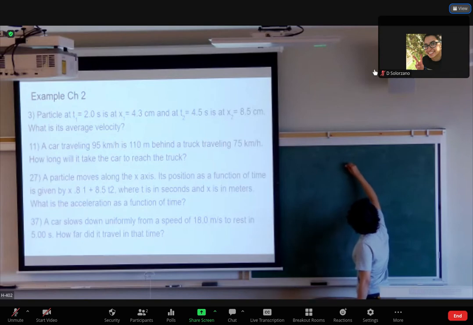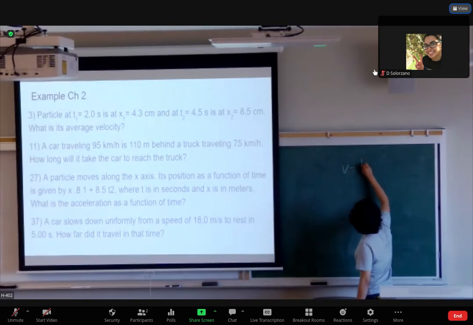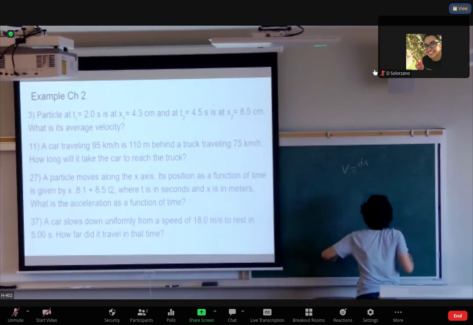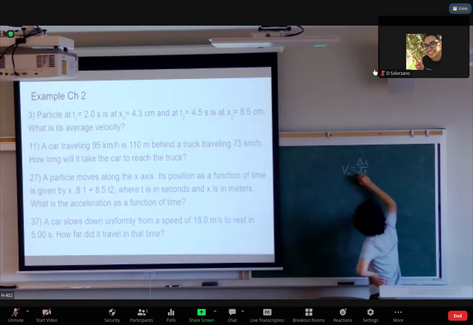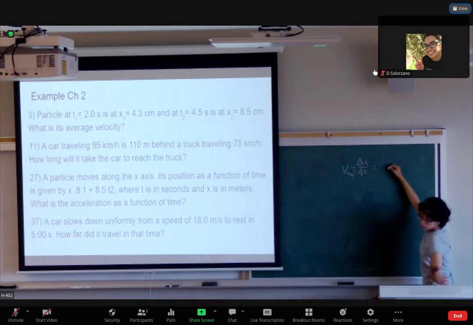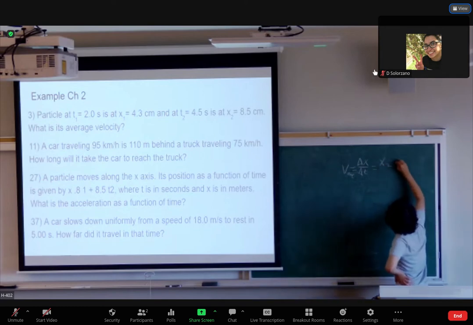So v is equal to delta x over delta t, that's our average velocity, which is going to be x2 minus x1 over t2 minus t1.